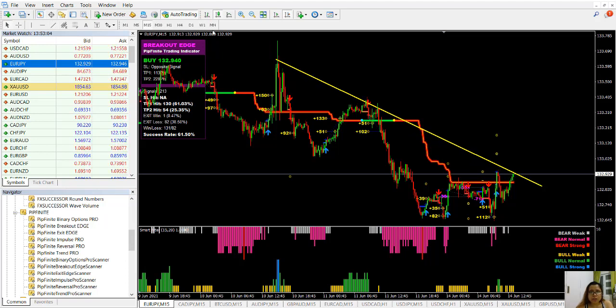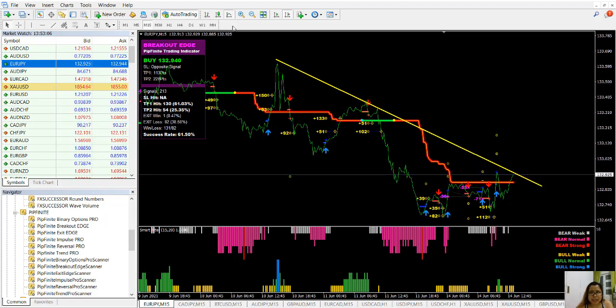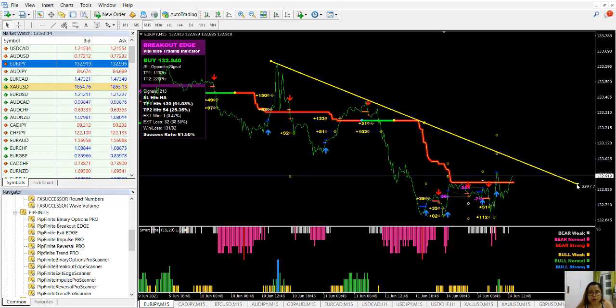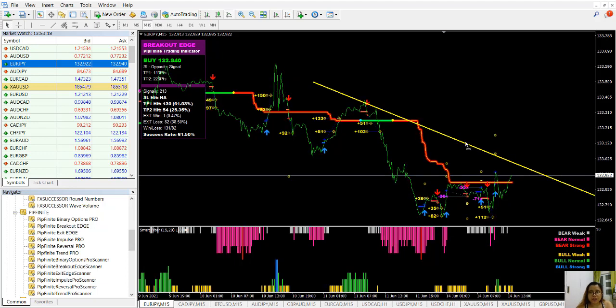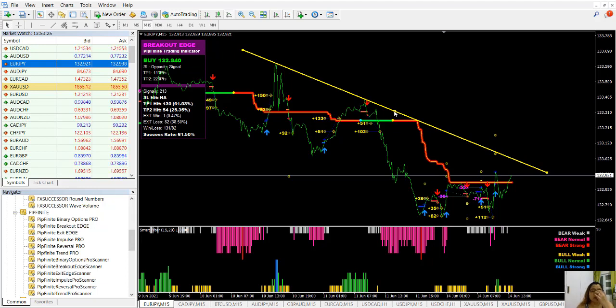Okay, so line charts act as good connecting points where you can see where the close happens. So I usually draw my trend lines and my channels utilizing line charts.